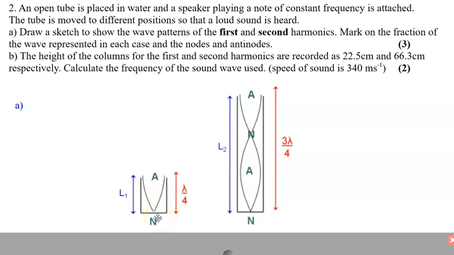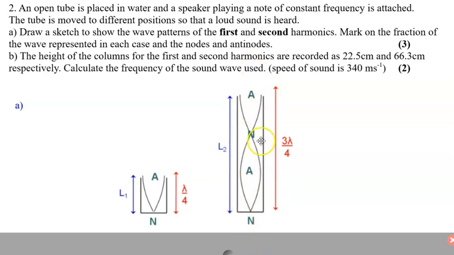So our first harmonic is going to be between a node and an antinode, and we can see that that's half a loop, and we know we have 2 loops in a full wave, so that represents lambda over 4. The next harmonic, well, it's not going to be a node, that's not going to work, so we need the next antinode. So node, antinode, node, antinode.